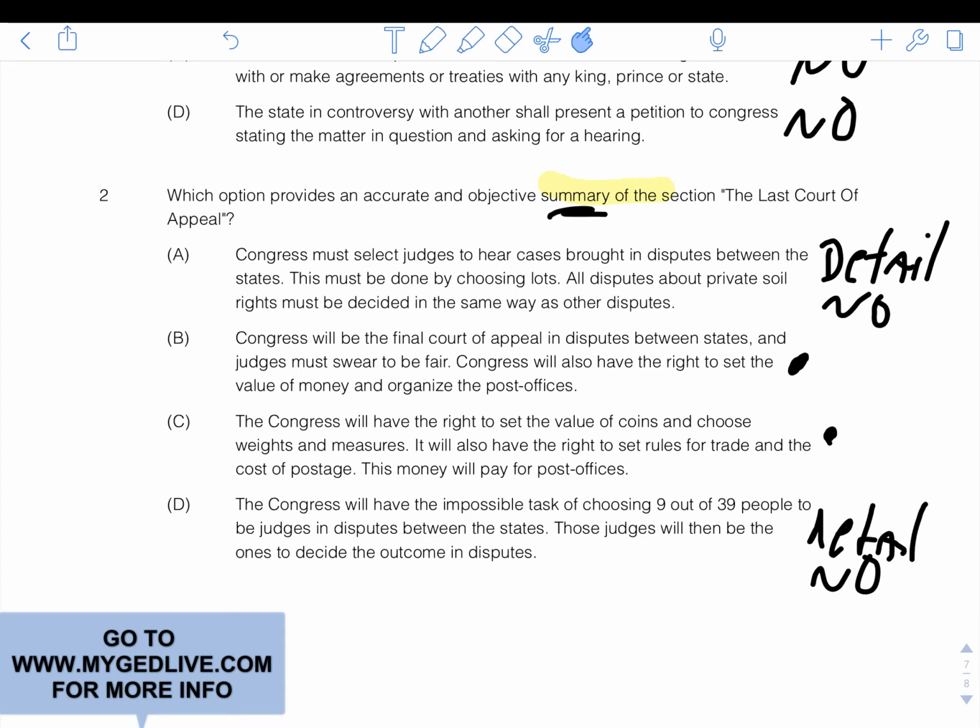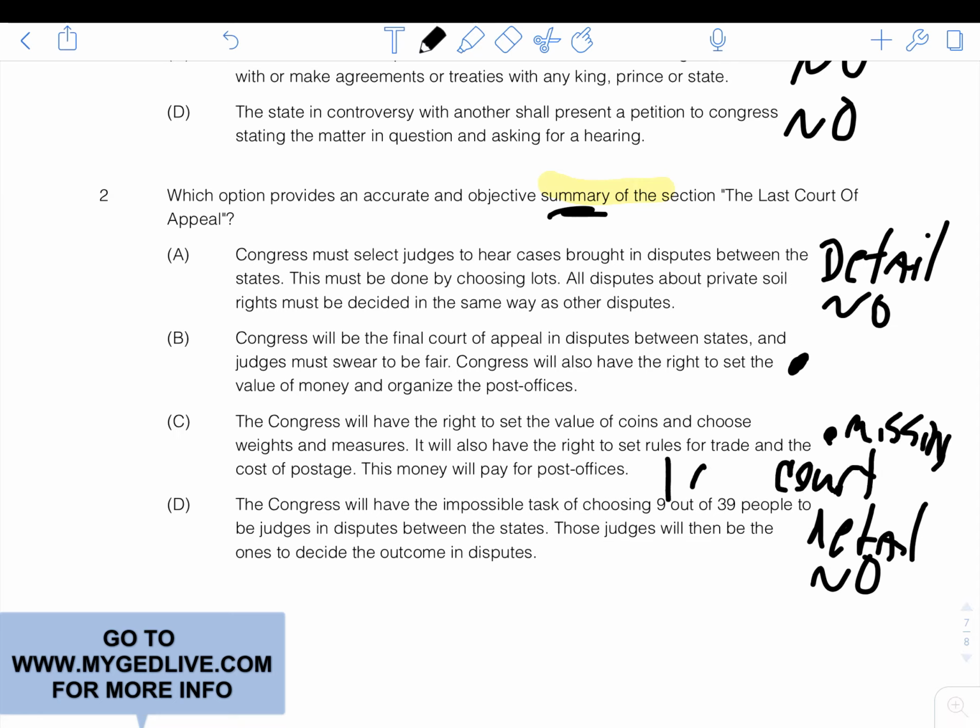The Congress will have the right to set the value of coins, choose weights and measures, and will also have the right to set rules for trade, coin postage, and money will pay for post offices. So now the problem I'm seeing with that, it doesn't summarize the major dispute of the actual being the last court of appeals. It's totally missing the last court of appeals.